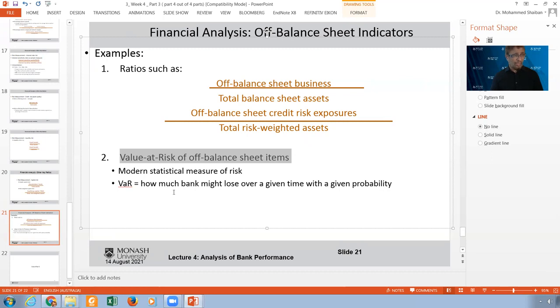So value at risk is a statistical model, and this statistical model will bring the distribution of our assets, and we will see what is the area under the risk, and we call that VaR. Don't worry about it. At this stage, I'm just telling you that value at risk uses normal distributions and a statistical approach to measure the risk based on the random behavior of the risk.